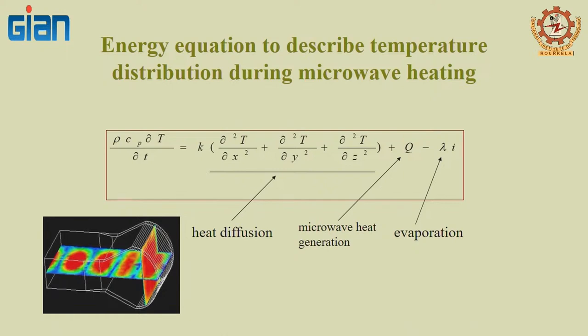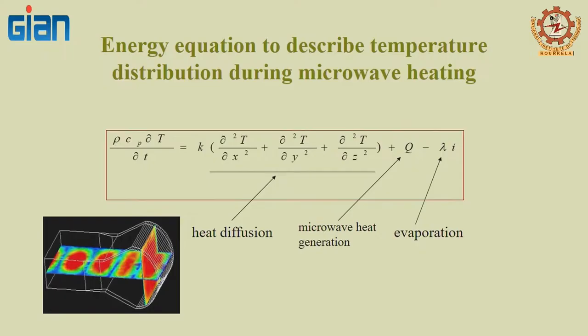So, again, microwave has a complex temperature distribution. Shown here you have hot and you have cold and so on. That temperature distribution can be modeled using finite element or finite difference methods shown here.